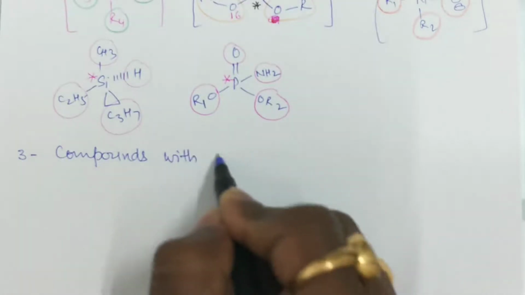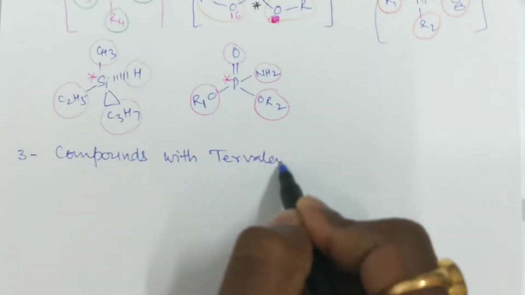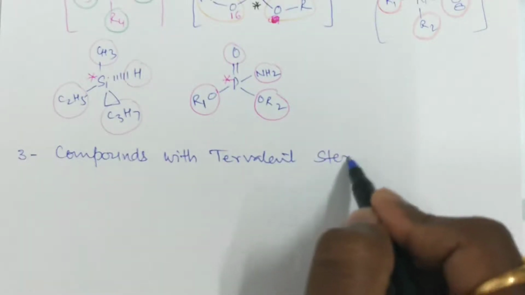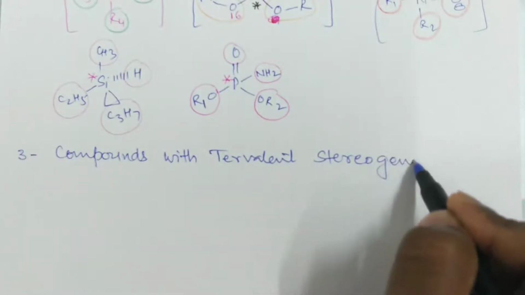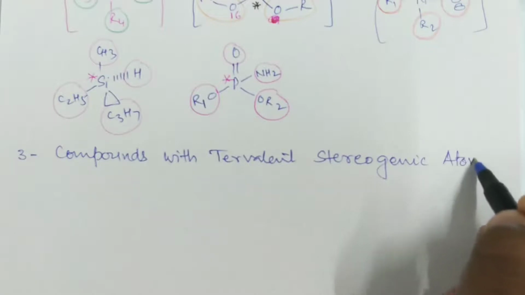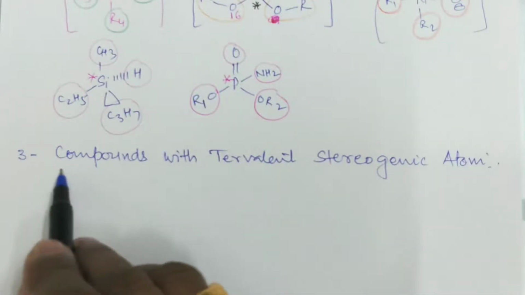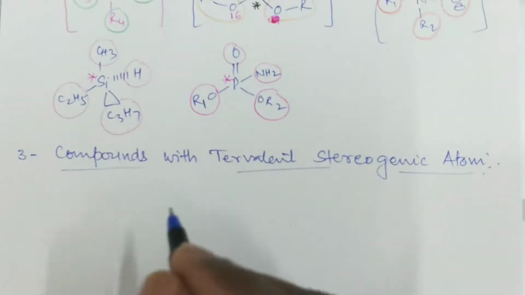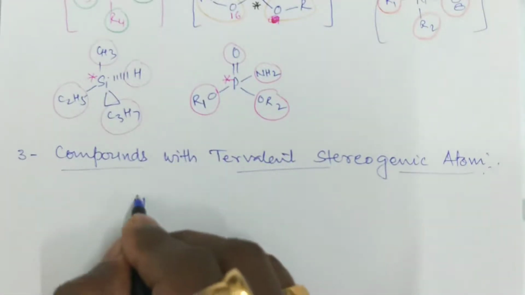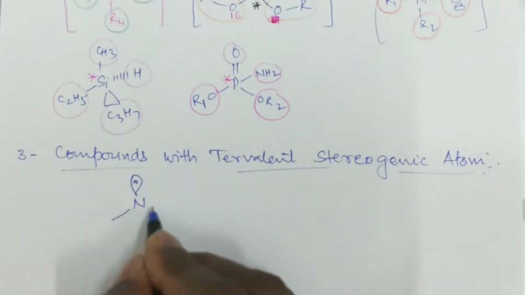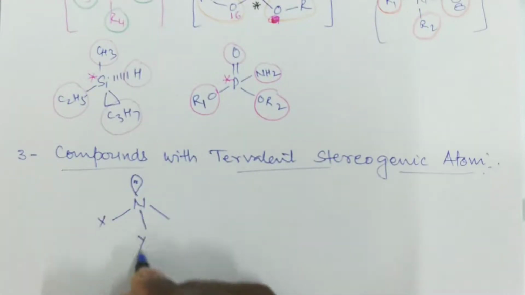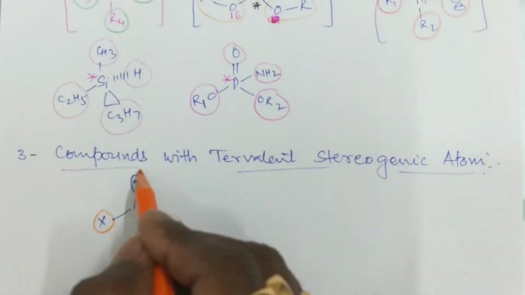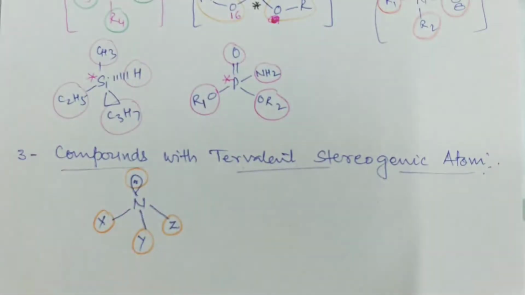The popular example of this category is nitrogen. Suppose that the nitrogen has X, Y, and Z. See here, X, Y, and Z, and one group we are treating as the lone pair.